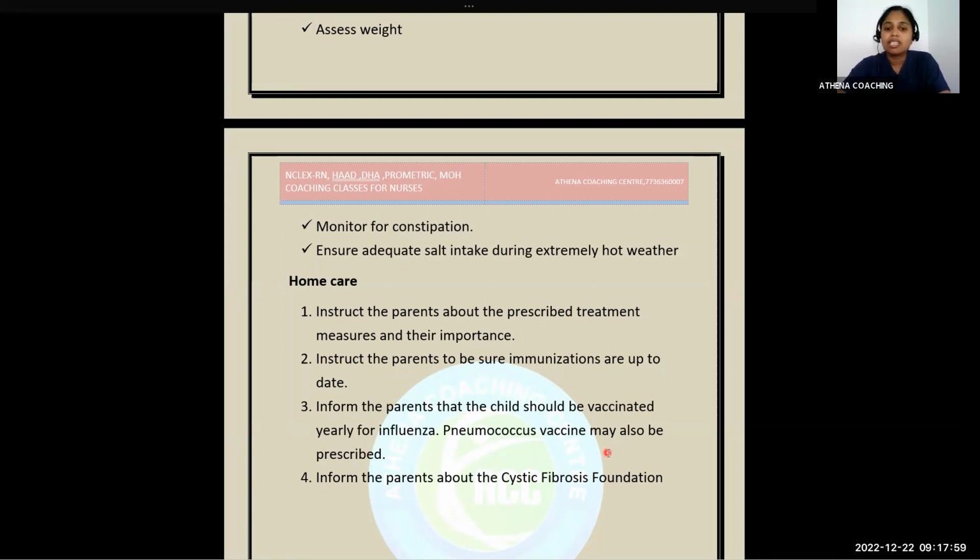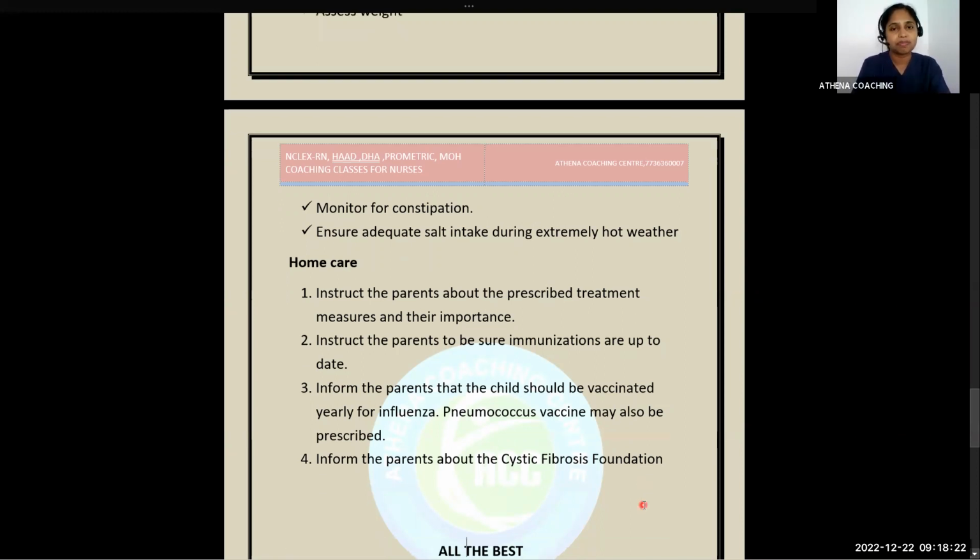But the influenza and pneumococcal vaccines are not really considered scheduled vaccines. This is like an optional vaccine. So you can give additional education to the parent regarding the importance of influenza as well as pneumococcal vaccination, and inform the parent about cystic fibrosis foundations. These are the points that you need to remember.